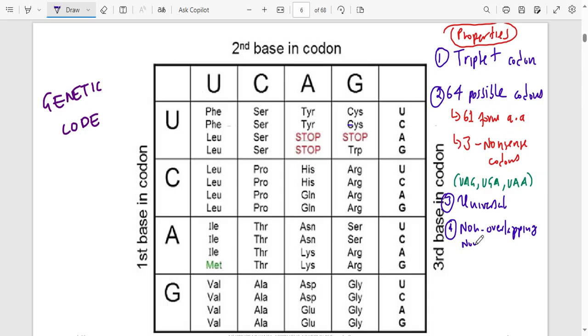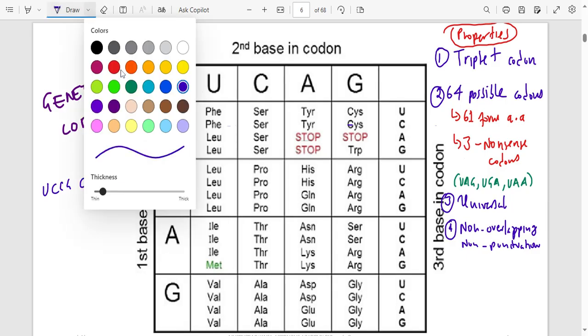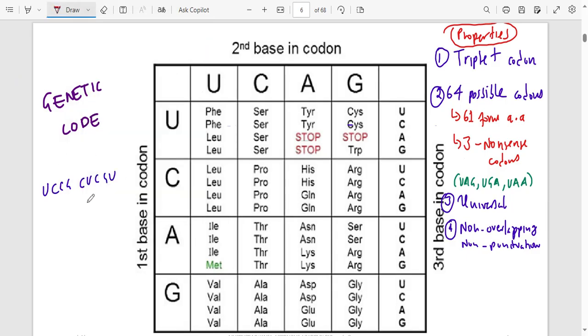Non-punctuation, non-punctuating. What is the meaning of that property? Let's say, for example, they gave you UCCGCUCGU. They said how many amino acids are going to be formed from this group that you can see.